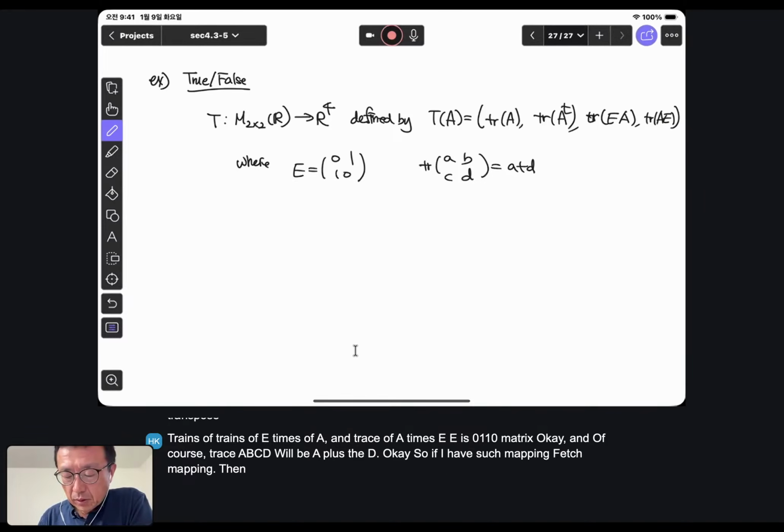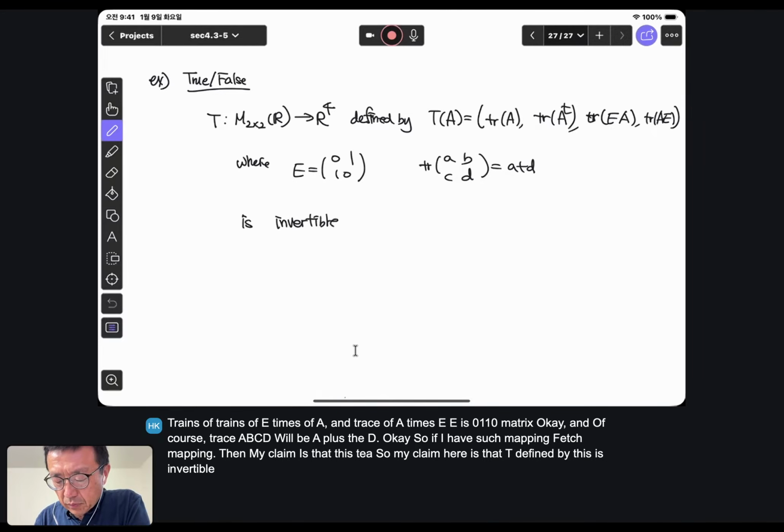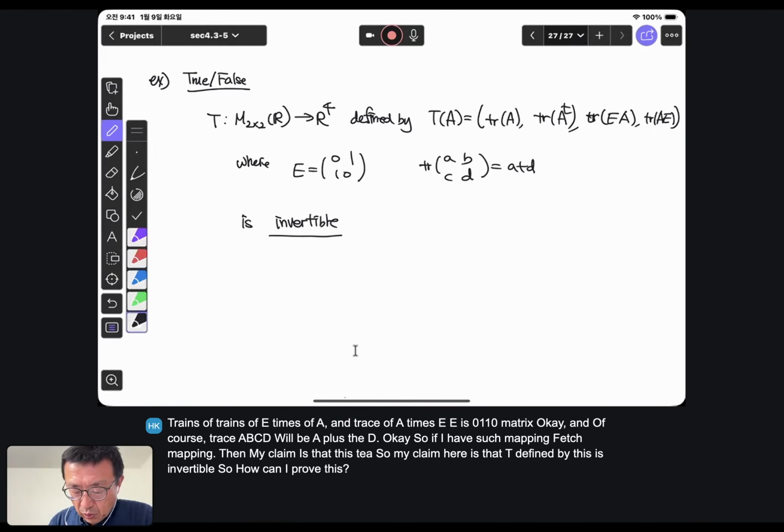then my claim here is that this T defined by this is invertible. So how can I prove this? Well, one hint.